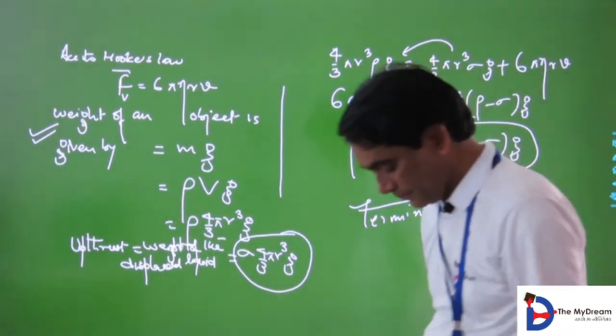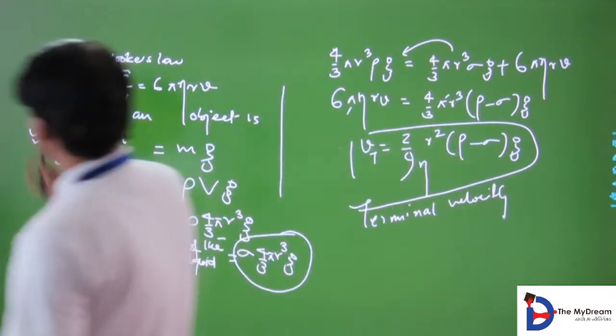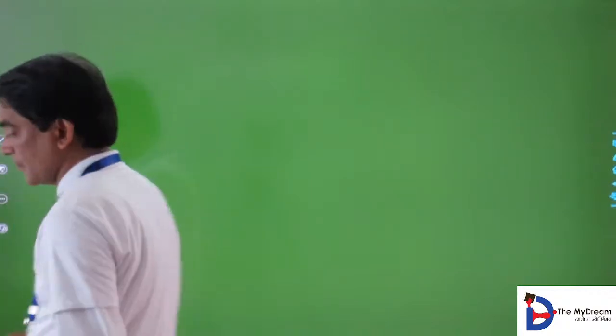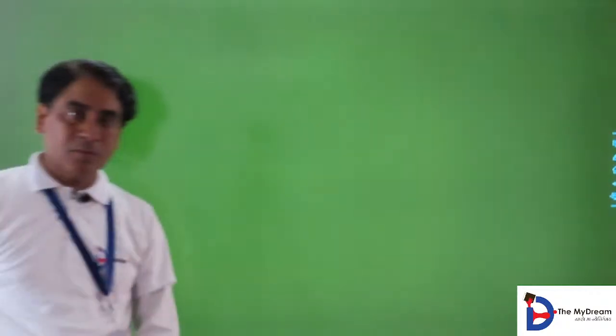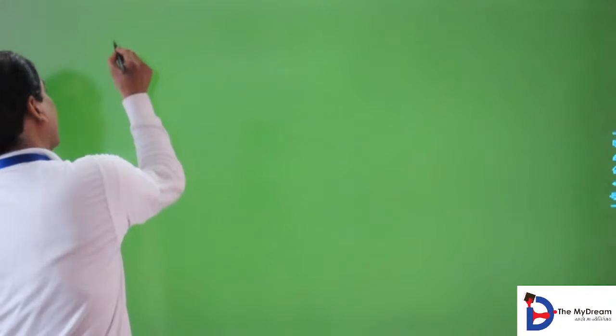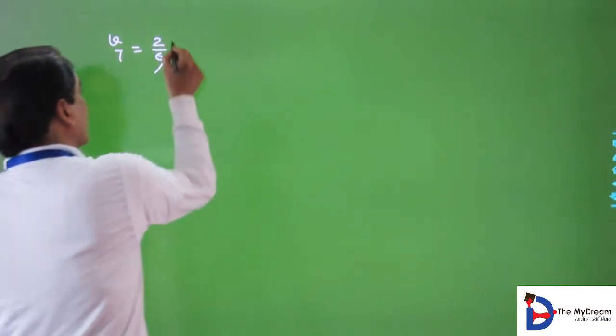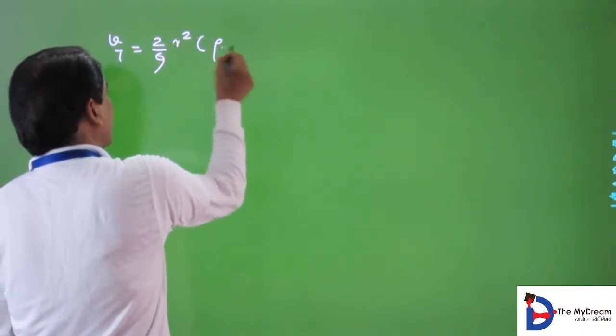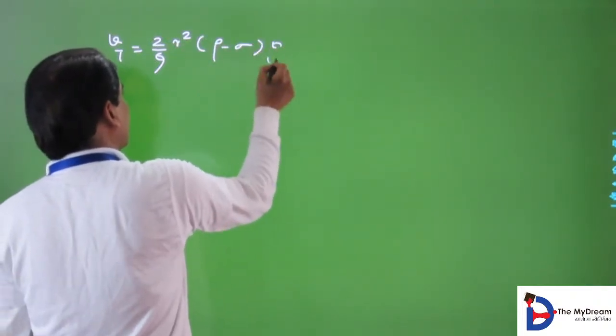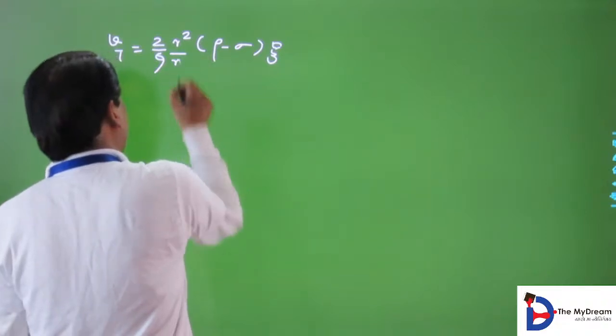Now, as you got the terminal velocity, that is Vt is equal to 2 by 9 r square rho minus sigma into g by eta.